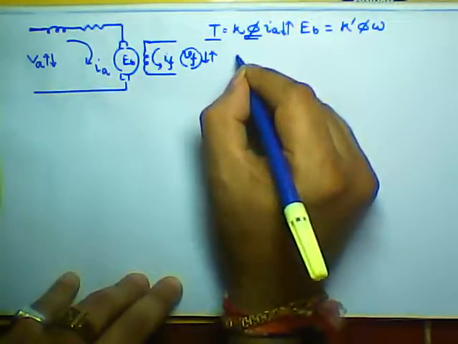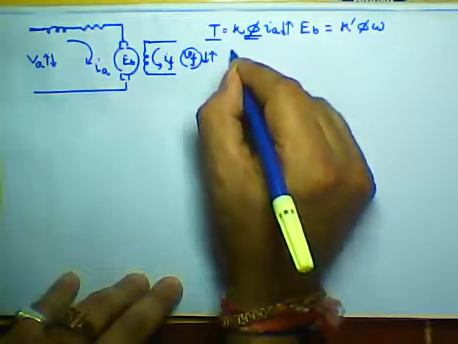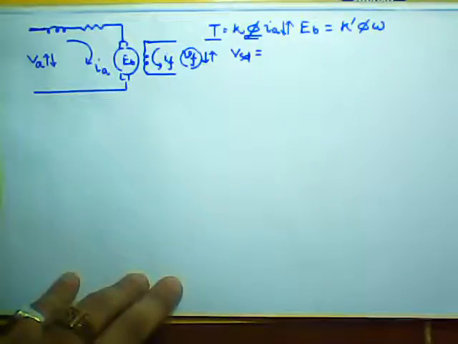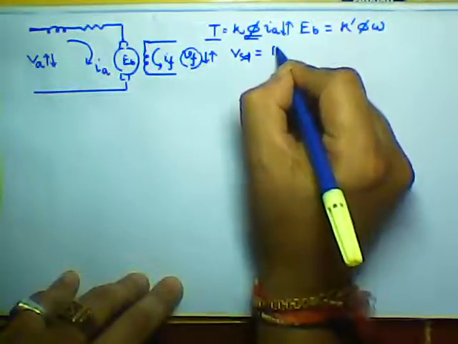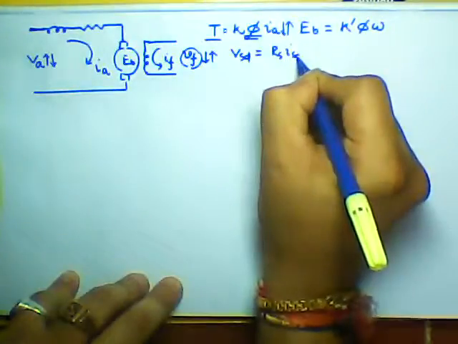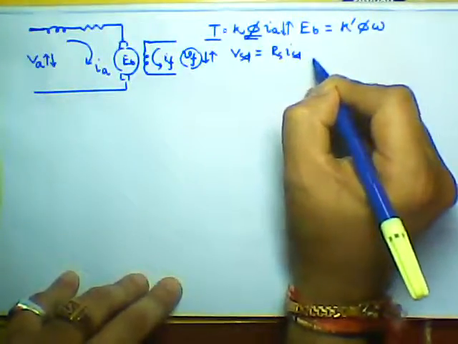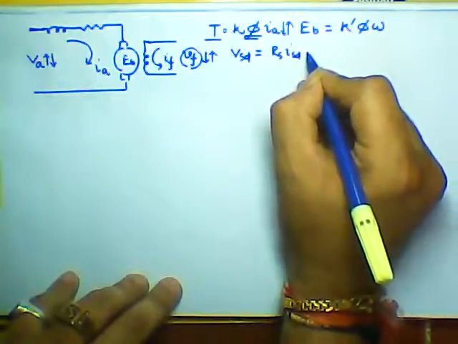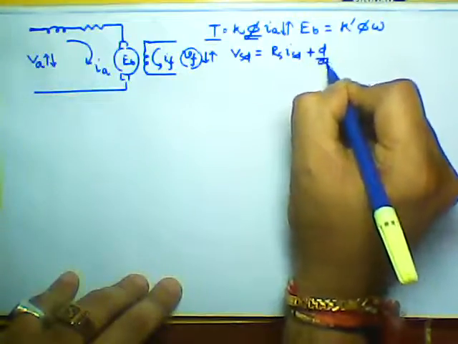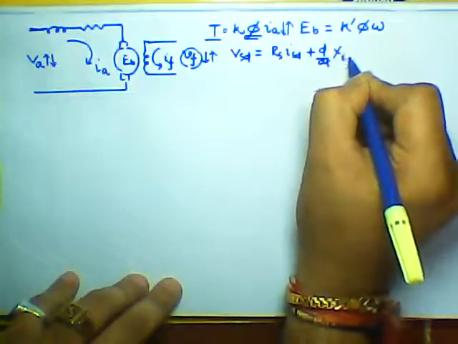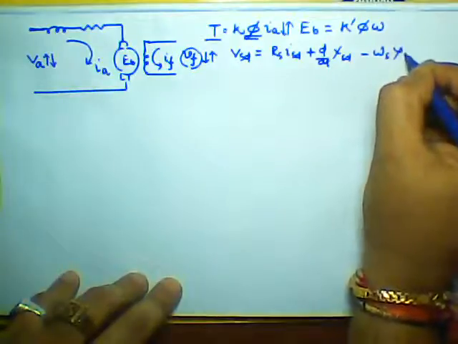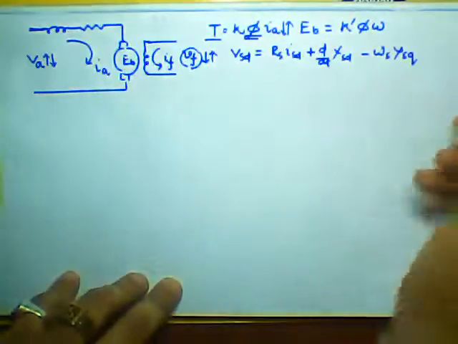First we will write down the voltage equation. VSD, the direct axis stator voltage, is equal to RS into ISD, the direct axis stator current, plus the rate of change of flux d/dt of psi SD, minus omega s, which is the synchronous frequency, into psi SQ.